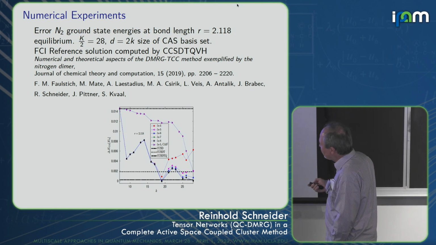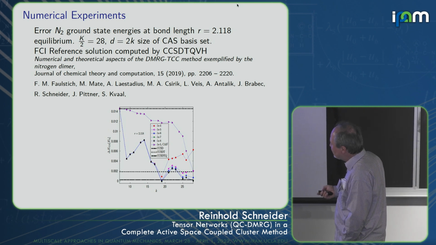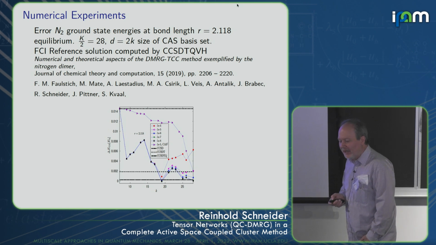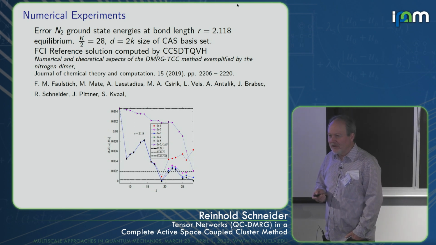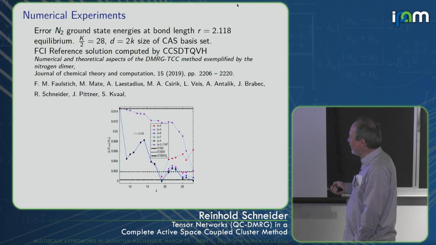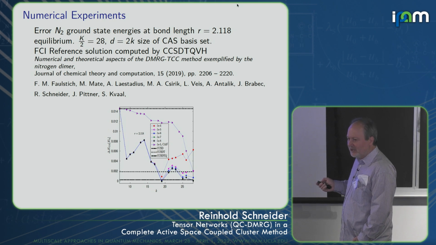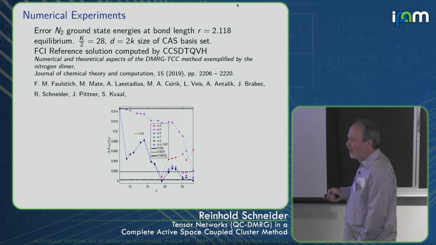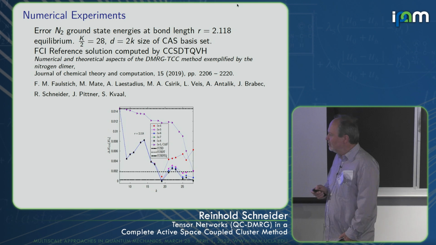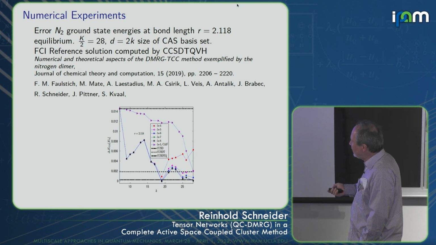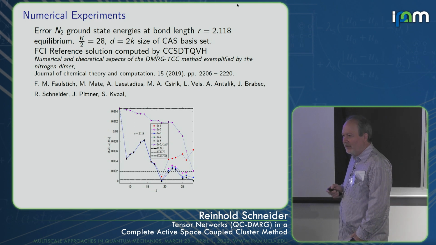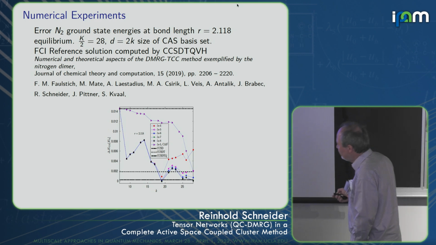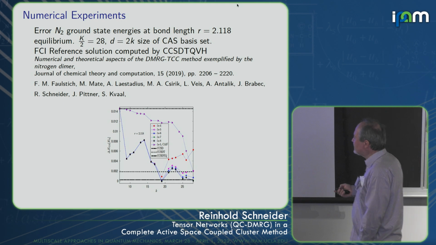These are relatively small experiments, so we considered k equal to 28 spatial orbitals, so twice the number of spin orbitals. It is not really large for coupled cluster, it's relatively small. But for this number, we can already compute a highly precise DMRG solution. So we are really able to compute a reference solution, which is very close to the full CI, I would say almost exactly.